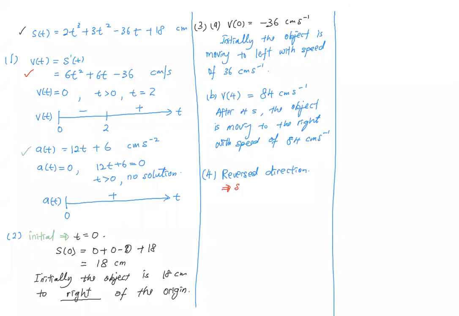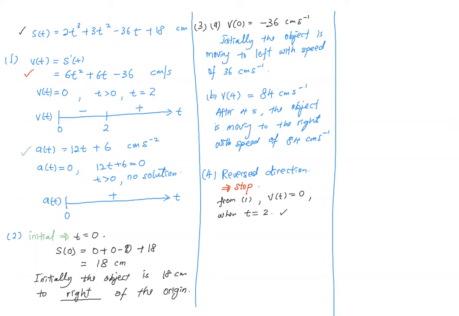You must stop. So from part 1, this one you don't have to do because it's continuous. From part 1, V(t) equals 0 when t equals 2. Correct? So the question asks, find the time and the position. So time done.